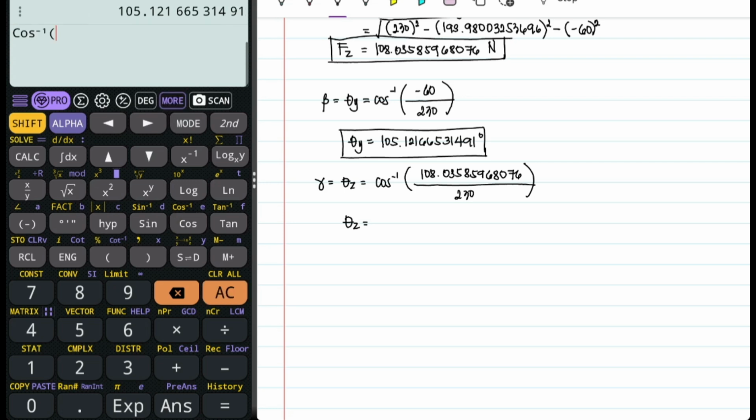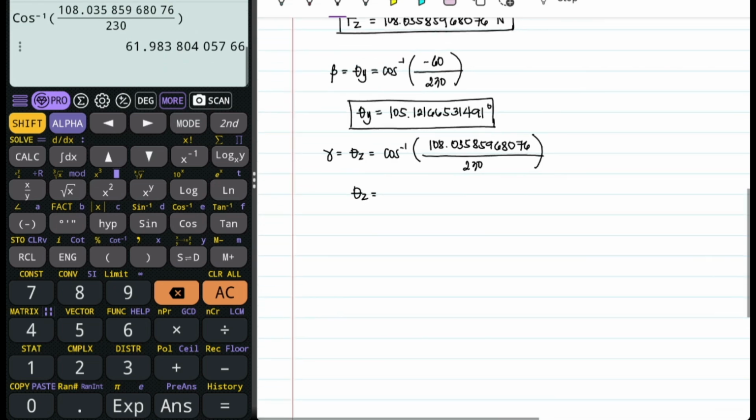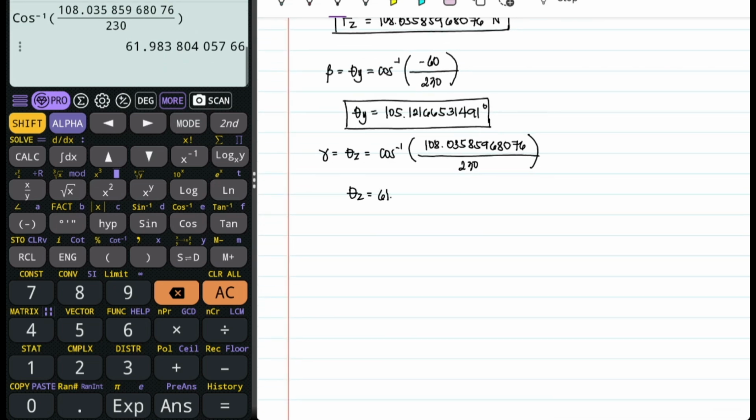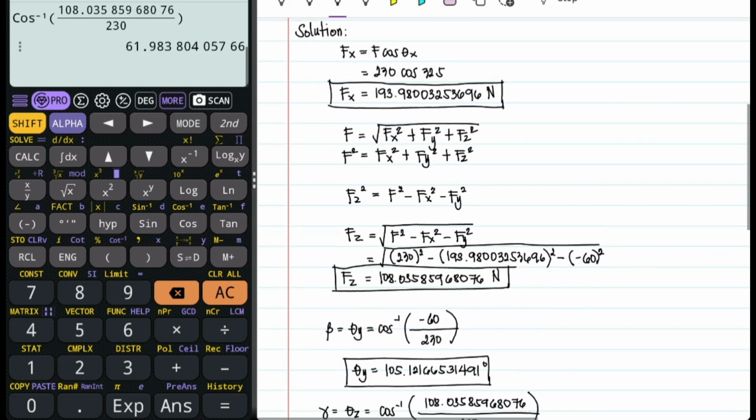Shift cosine gives us the inverse cosine, then input 108.03585968076 divided by 230, which gives us 61.98380405766 degrees. Okay, but make sure to box your final answer. So again, this is another type of problem for 3D.